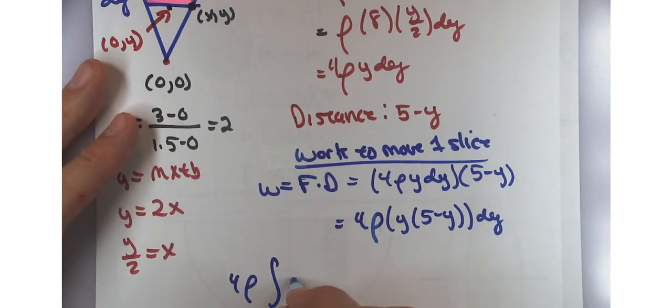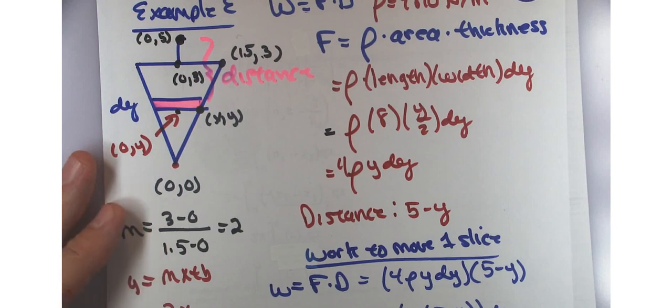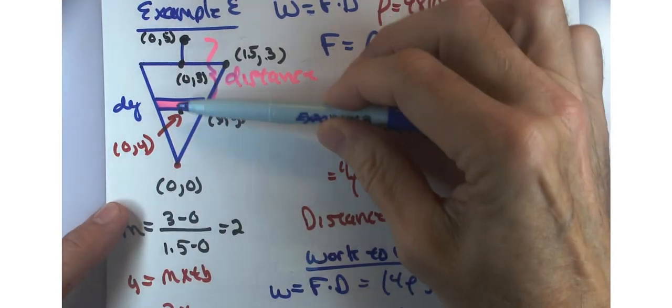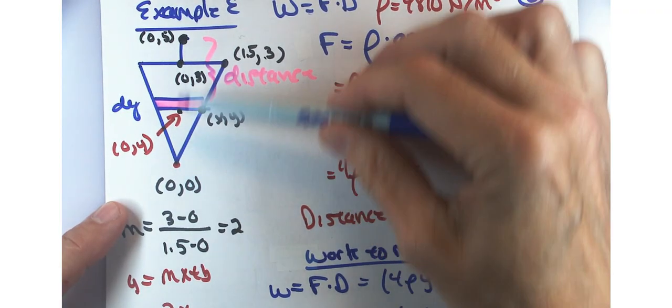What should be my limits of integration for this particular problem? Where do you think I'm going to integrate from and to? Yeah, 0 to 3. Keep in mind, you need to stay within this region, the region defined by our tank, so 0 to 3.